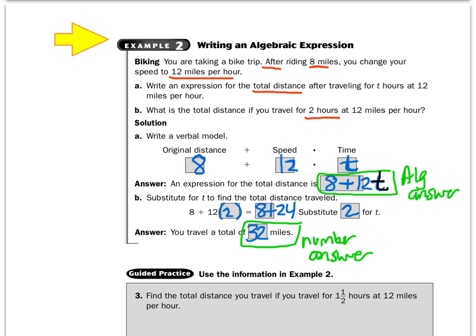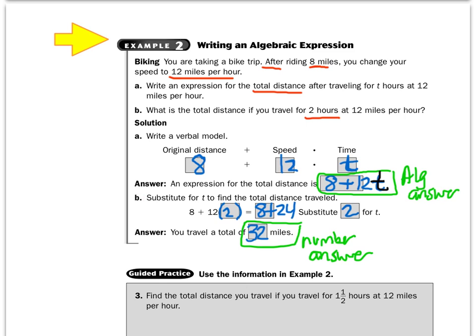Okay, solution. A. Write a verbal model. So the original distance that we traveled was 8, plus our speed was 12 miles per hour, times our time was just t. So our expression would be 8 plus 12t. My students started calling that the algebra answer because it had a variable in it.